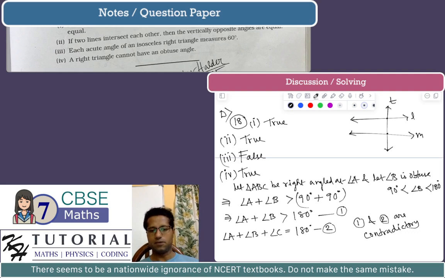In any triangle the sum of the three angles is 180 degree, so the sum of two angles cannot be greater than 180 degree. Hence, angle B or any other angle in a right angle triangle cannot be an obtuse angle.